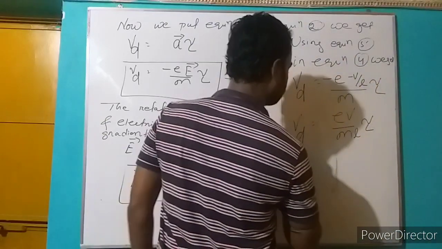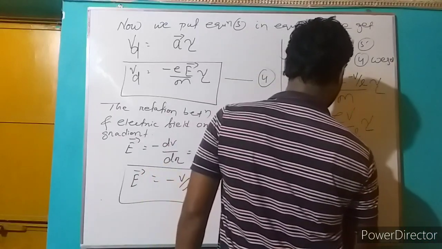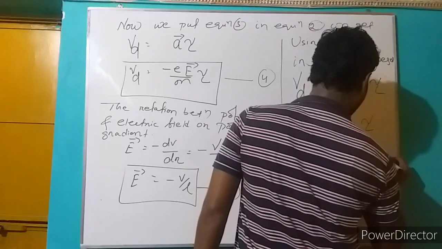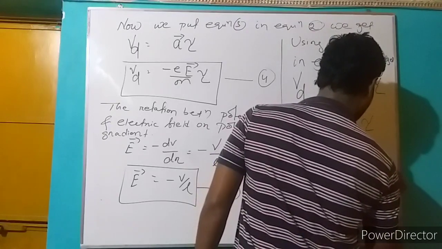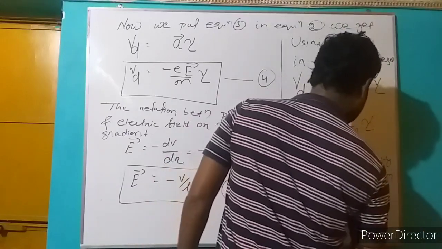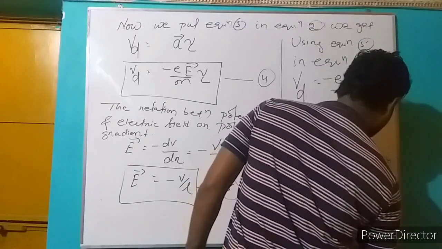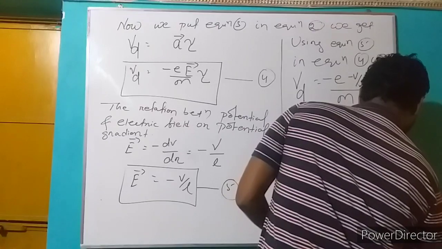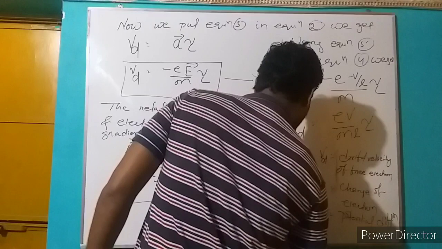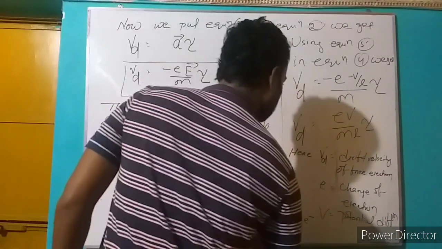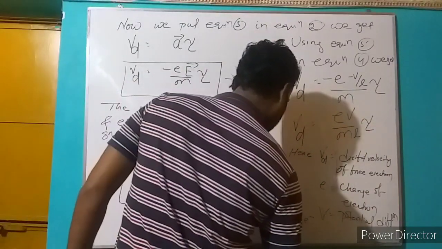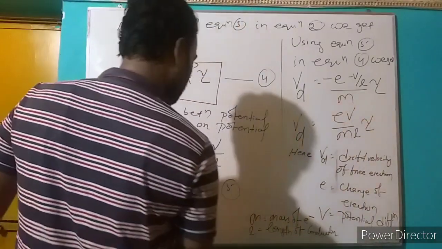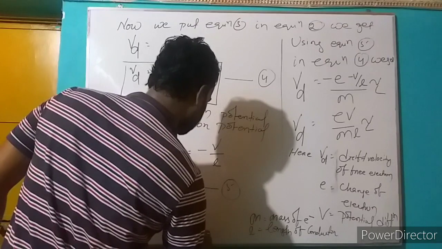Clear? So here Vd equal to drift velocity of free electrons, e equal to charge of electron, V equal to potential difference, m equal to mass of electron, L equal to length of conductor, and tau equal to relaxation time.